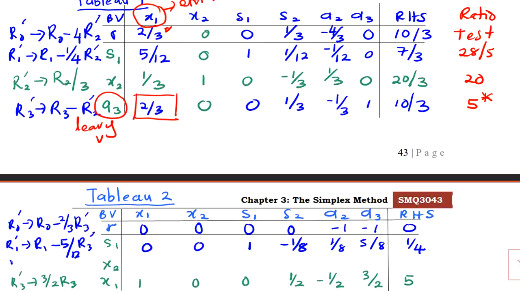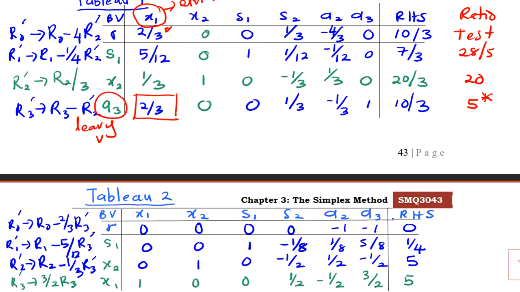For row 2 new, row 2, row 3 new, so here 1 over 3, so -1 over 3. So we get 0, 1, 0, -1 over 2, 1 over 2, -1 over 2, and 5.